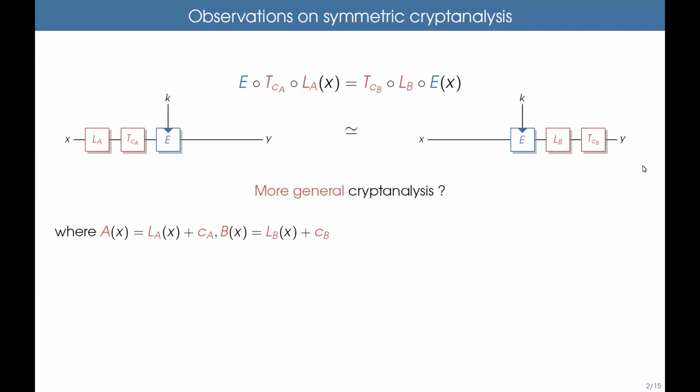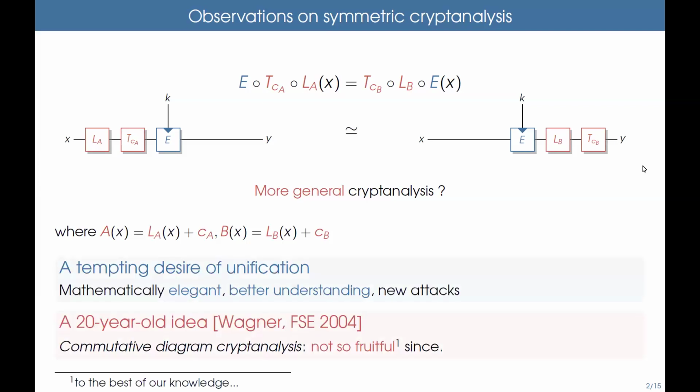So actually, this kind of idea is not new. For instance, there is an even more general framework which was presented 20 years ago at FSE. But when speaking about generalization, we have to be careful because, for instance, if I told you that all attacks against block ciphers are attacks against block ciphers, well, it's true, but you don't learn anything about the attacks you already know, and you cannot find new kinds of attacks more easily.